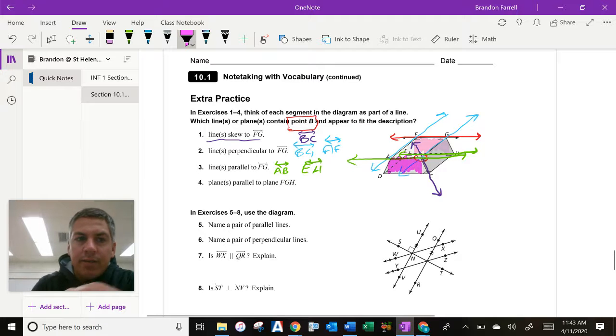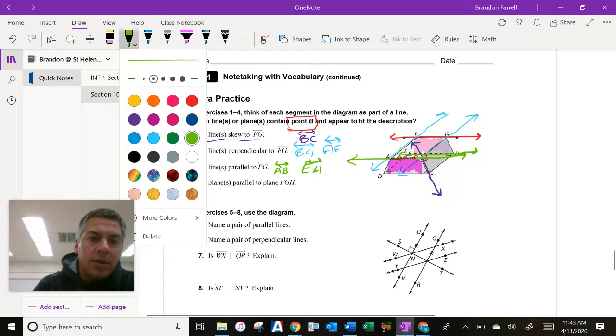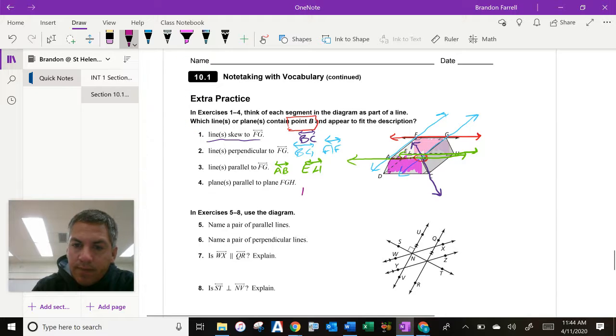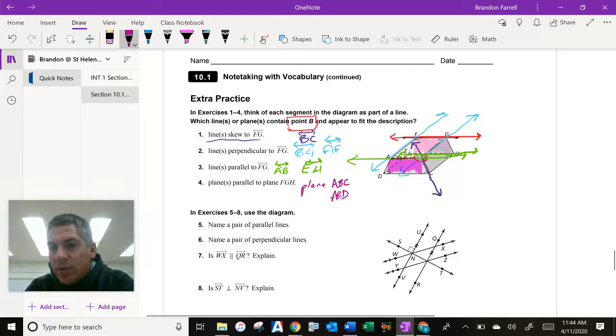This plane is parallel to that plane right there. So we're going to do plane ABC or ABD would be another way to write that. Any of those planes, because we use 3 letters to create planes in that scenario. Okay, so there's that particular problem.